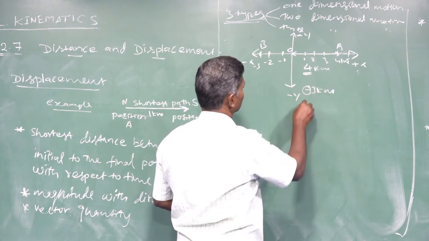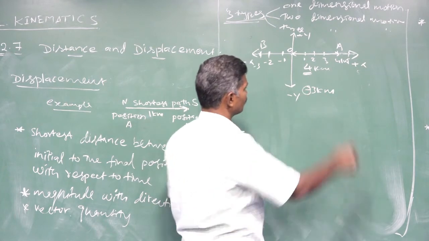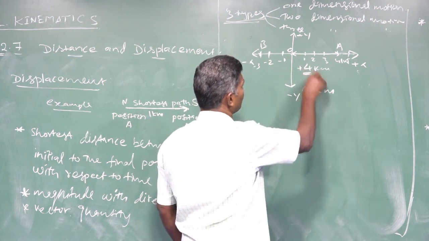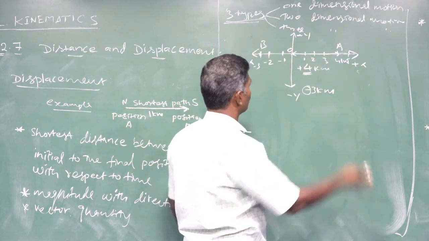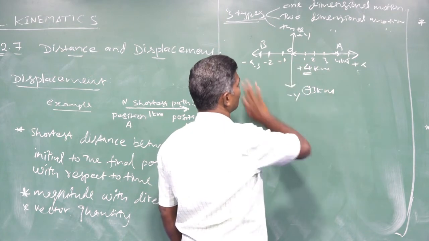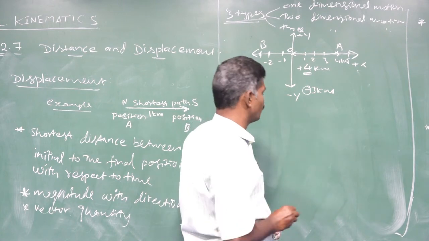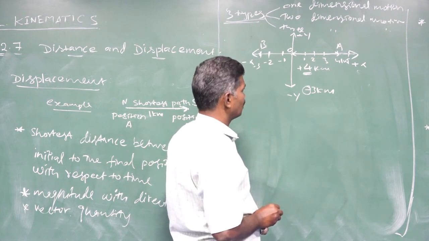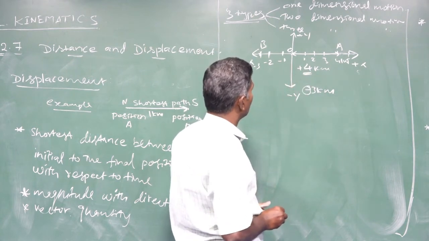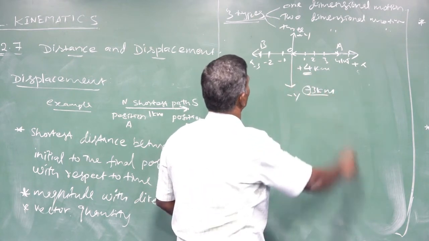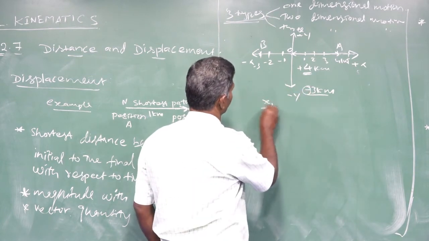This minus shows the negative direction. Here its value is positive because of the positive direction only. Anyhow, it depends upon the initial and final position only. We are saying the displacement value, but in the opposite direction to the actual one we say negative. So if it is a one-dimensional motion, only the x value varies.